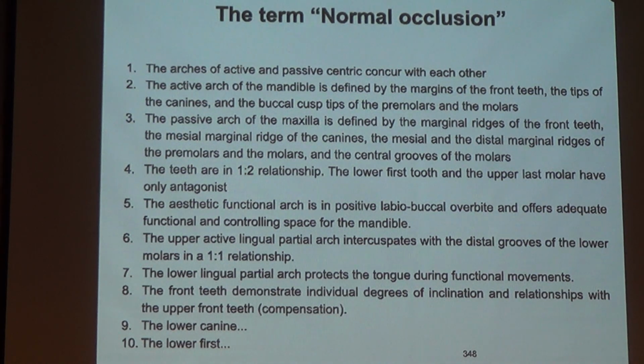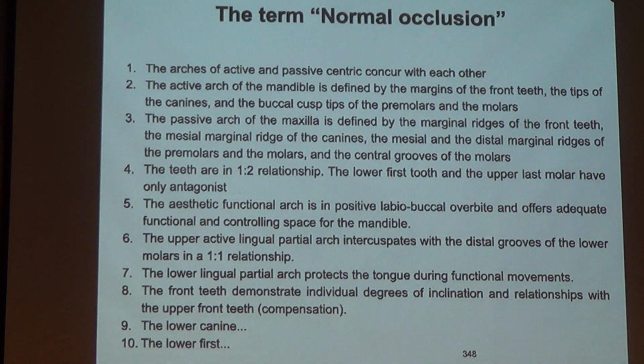Everything okay? Okay. So why do you call it active arch and passive arch? The active arch is the one that really intercuspates into a groove or marginal ridge on the upper or lower. So this is the one that really goes and stands in position.